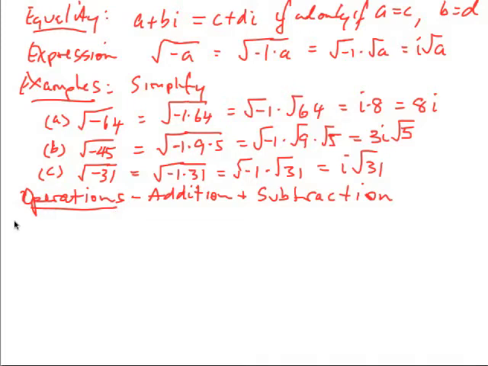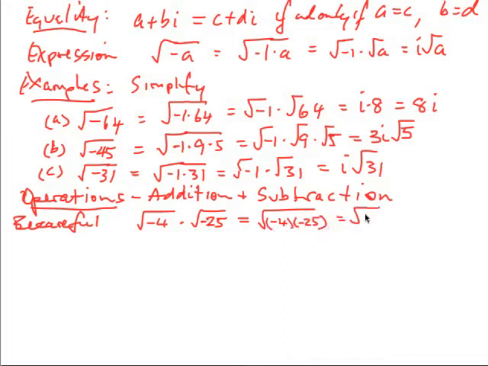We need to be careful when we want to do something like the square root of negative 4 by the square root of negative 25. Now our normal radical rule said that this would be the square root of negative 4 by negative 25, which would be the square root of 100, which is 10.